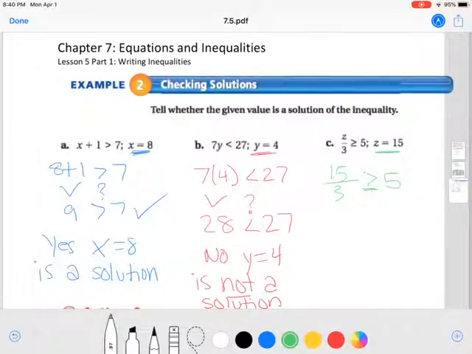Is this true? Well, we know 15 divided by 3 is 5. And is 5 greater than or equal to 5? Yes, it is, because we are including that or equal to sign. So yes, z equals 15 is a solution.